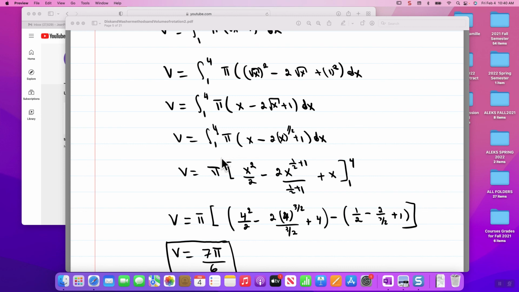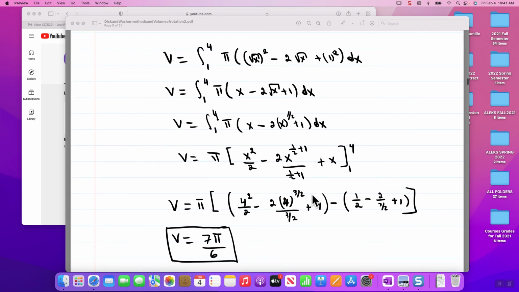Pi is a constant. You can always move it outside of the integral sign. When you integrate x, you get x squared over 2, minus 2 times, you integrate x raised to 1 half, which gives x raised to 1 half plus 1, over 1 half plus 1. Plus, when you integrate 1, you get x. When you're done integrating, you evaluate this expression at 1 and 4.